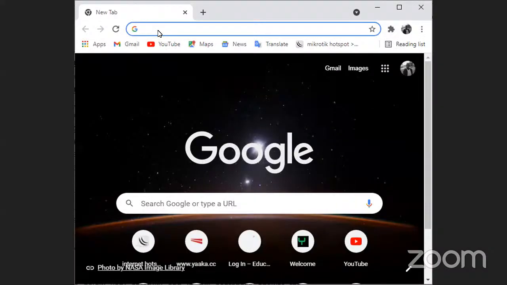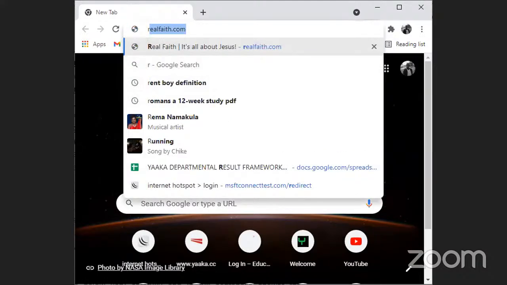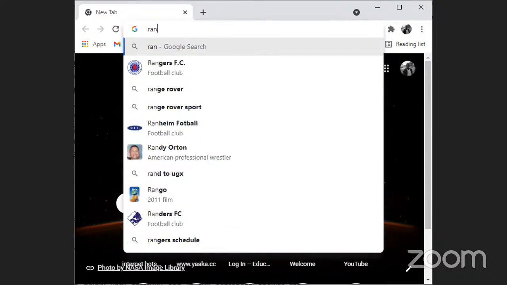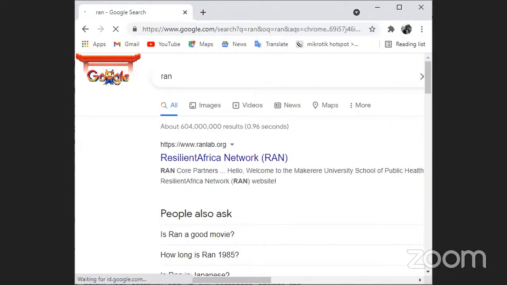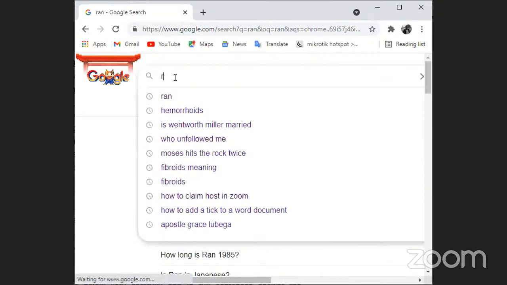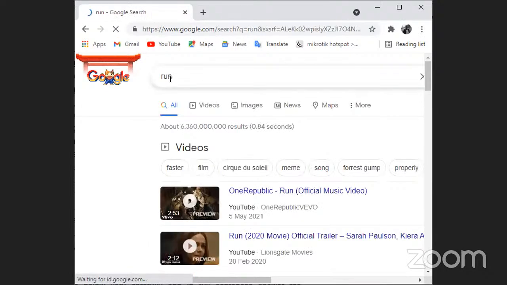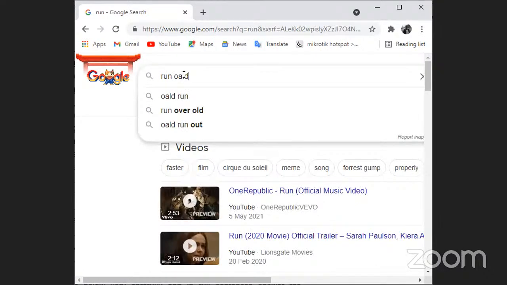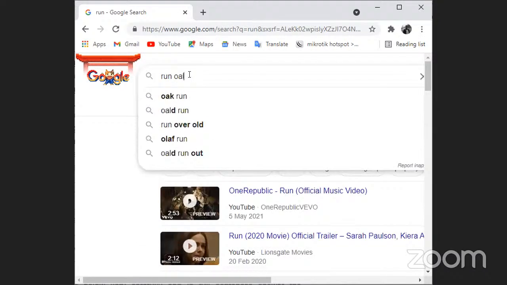R-A-N. Ran. Yes. Okay, let's actually go to run, because it is run that we want. Run in the Oxford Advanced Learners Dictionary.